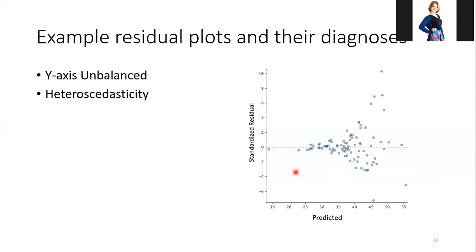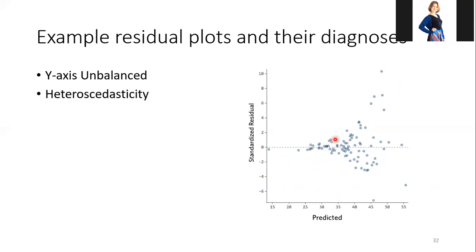Heteroscedasticity. You need to remember this term, because heteroscedasticity means that your variance changes along your x-axis.